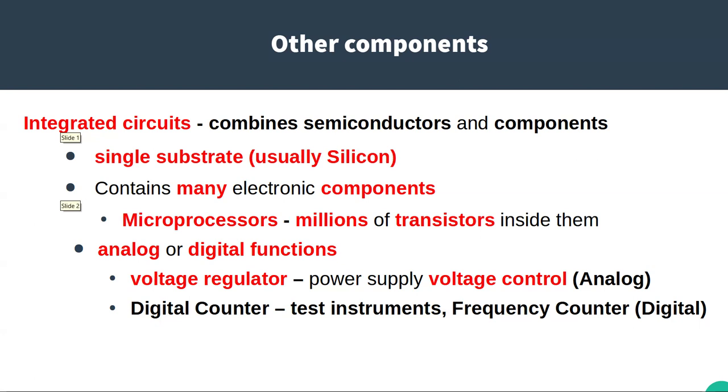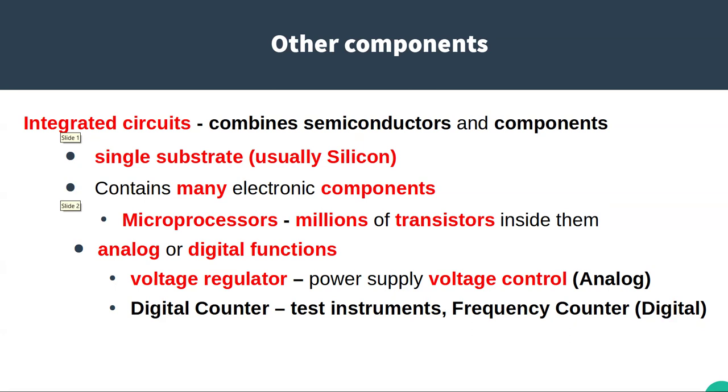Integrated circuits. It's just a way of combining a lot of semiconductors together on a single, what we call substrate. It's usually a piece of silicon, and in the manufacturing process, they can create transistors and diodes basically embedded in that substrate. And in the case of a microprocessor, you'll have millions of them on that single little piece of silicon.